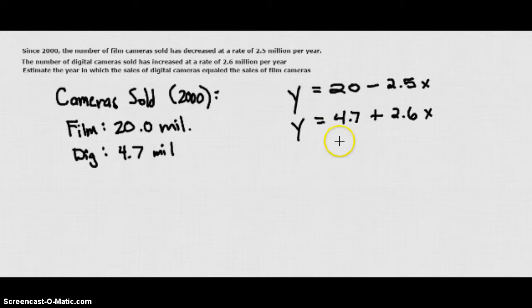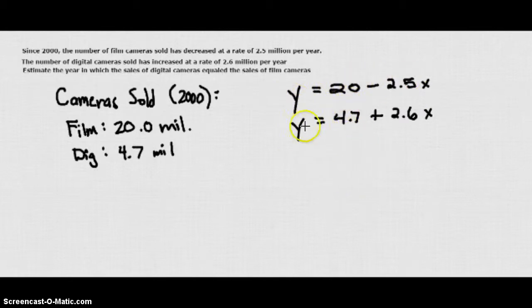Now, we can use elimination to solve this system of equations to find out the year in which the cameras sold are going to be equal. We want to figure out what year the sales are equal.